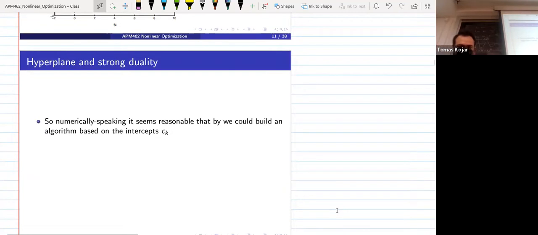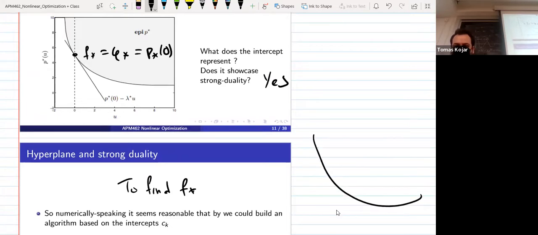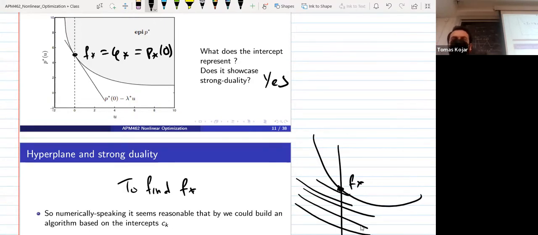So, numerically speaking, you want to find f star. If you eyeball the picture, you just want to find an intercept, right? Starting with some nice picture like this that hits at some f star, the graph, you move your slopes around till you hit your graph.